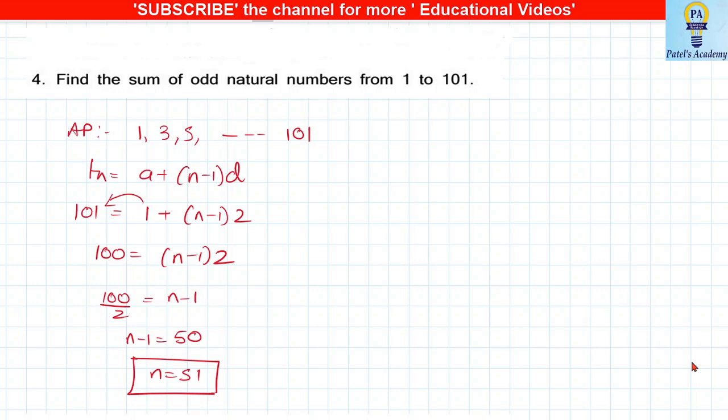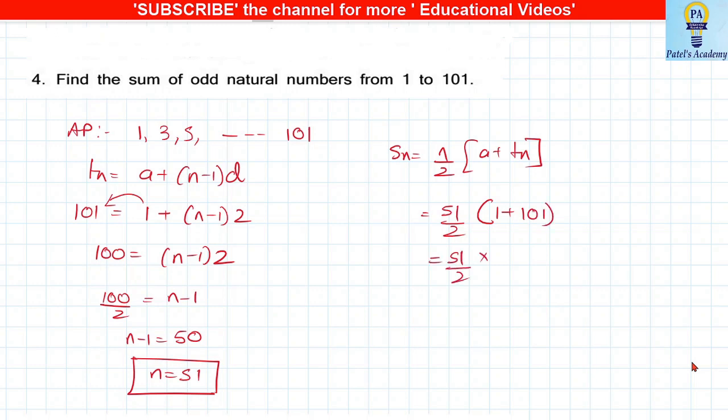Okay, so after we get n equal to 51, you have to find out Sn, using the second formula. n upon 2 (a plus Tn). So n is 51 upon 2, a is 1, Tn is 101. That is 51 upon 2 into 102.